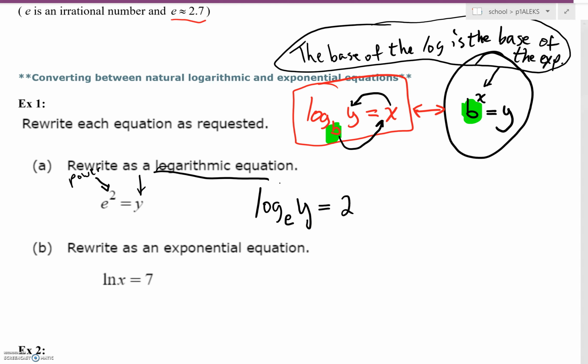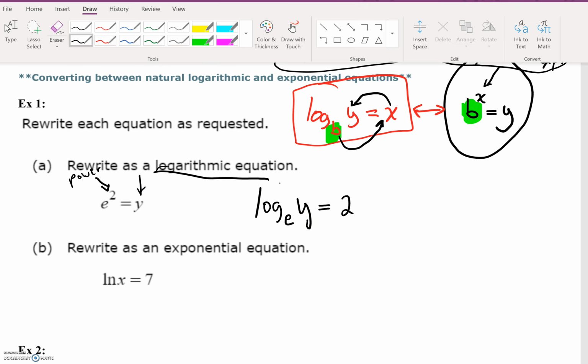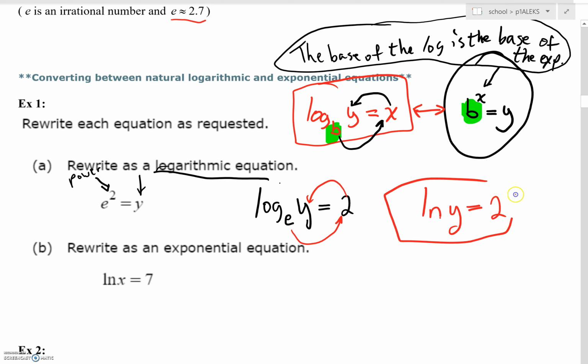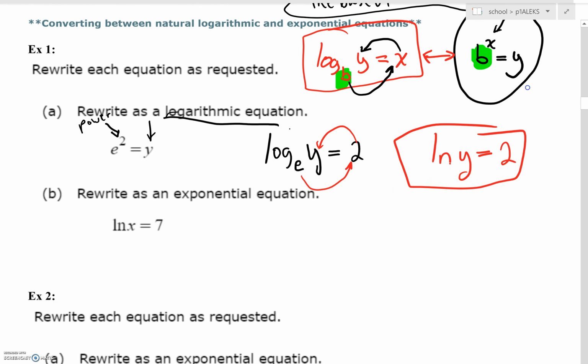And you can do a quick check that you're correct by doing a log circle right now. This should be written as e to the second equals y. So log base e is really ln. So we have the ln of y is equal to 2. Let's take a look at 1b.